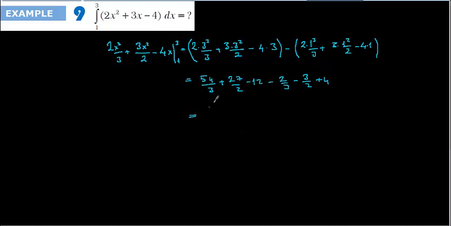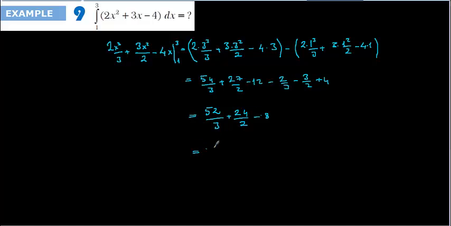So 54 over 3 minus 2 over 3 is equal to 52 over 3. Plus 27 over 2 minus 3 over 2 is equal to 24 over 2, which is 12. Minus 12 plus 4 is going to be equal to minus 8.